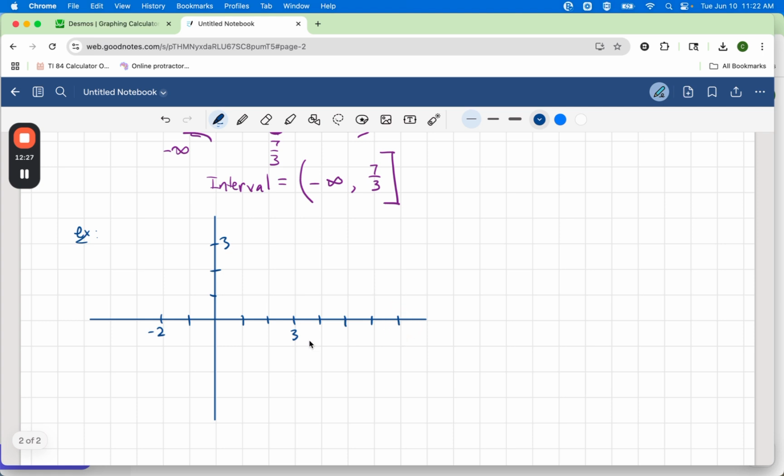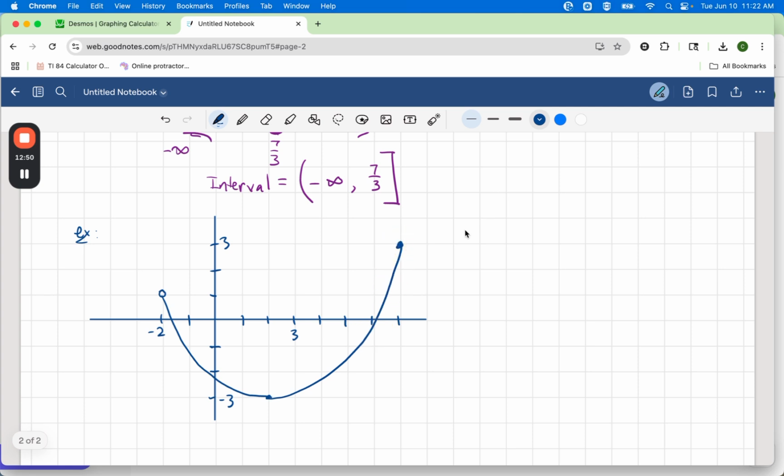And then let's draw some graph. Okay, so I got the point negative 2 comma 1 is an open circle. You got the point 2 comma negative 3 down here, so I'm going to swoop down. And then it goes up to, it looks like 7/3. So then it's going to swoop up to 7/3.